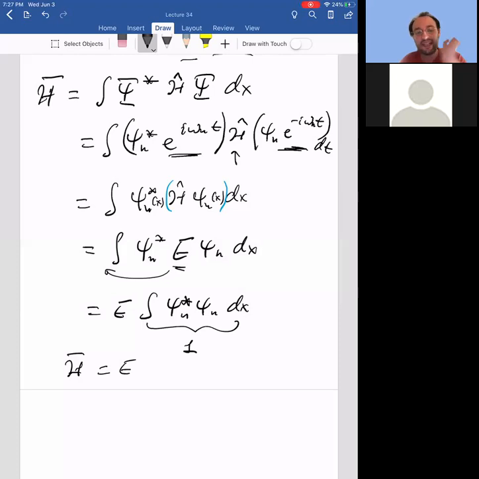Where does this constant E come from? Okay, I told you it's energy, but why? Remember, it really came from doing the separation of variables, and it's just a separation constant. Okay.